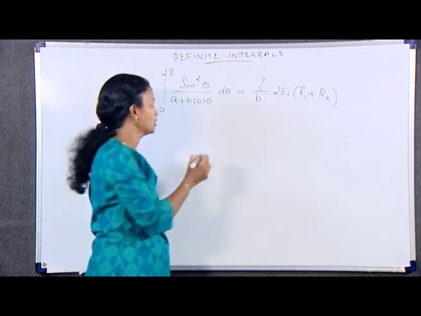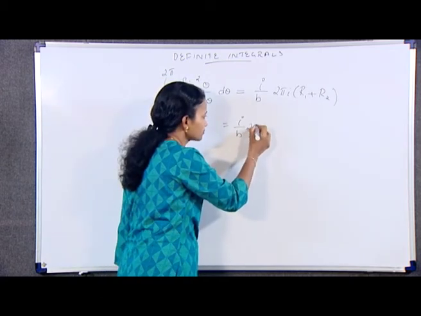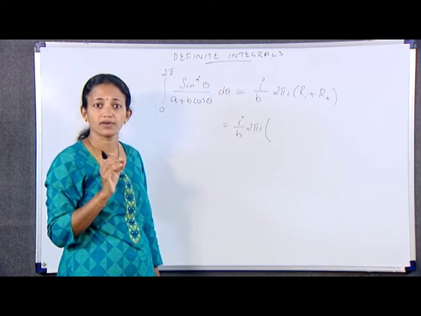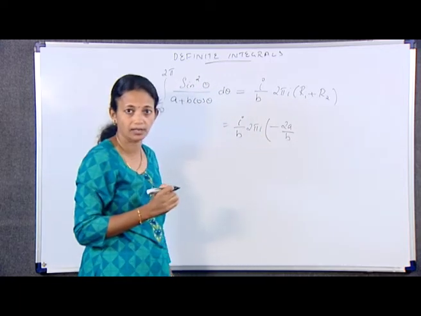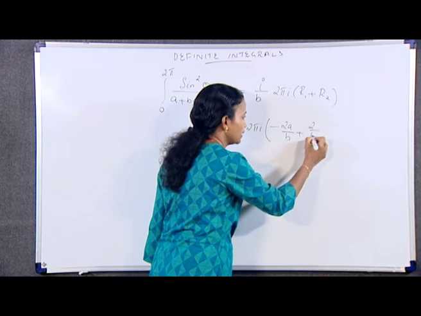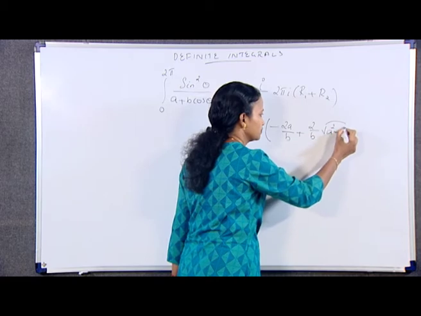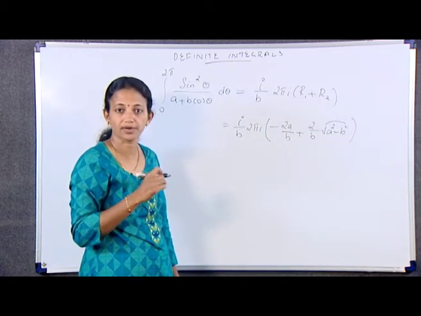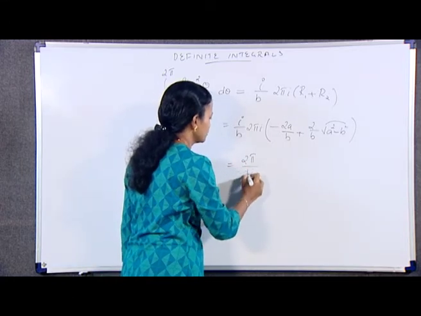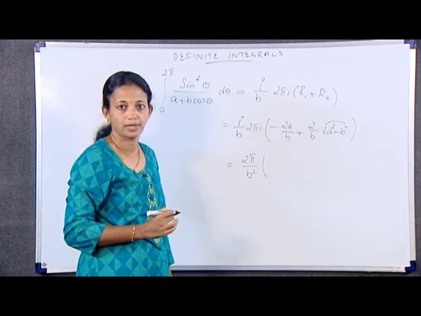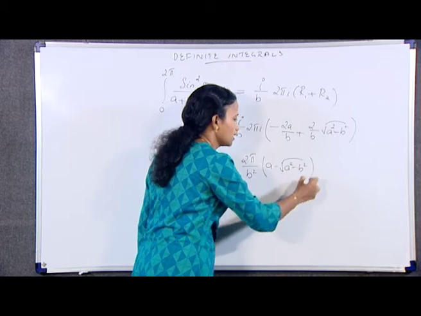Now, you substitute the values of R1 and R2. It is equal to minus 2a by b, that is our R1, plus 2 by b square root of a square minus b square, that is our R2. On simplifying, we get it as 2 pi by b square into (a minus square root of a square minus b square).